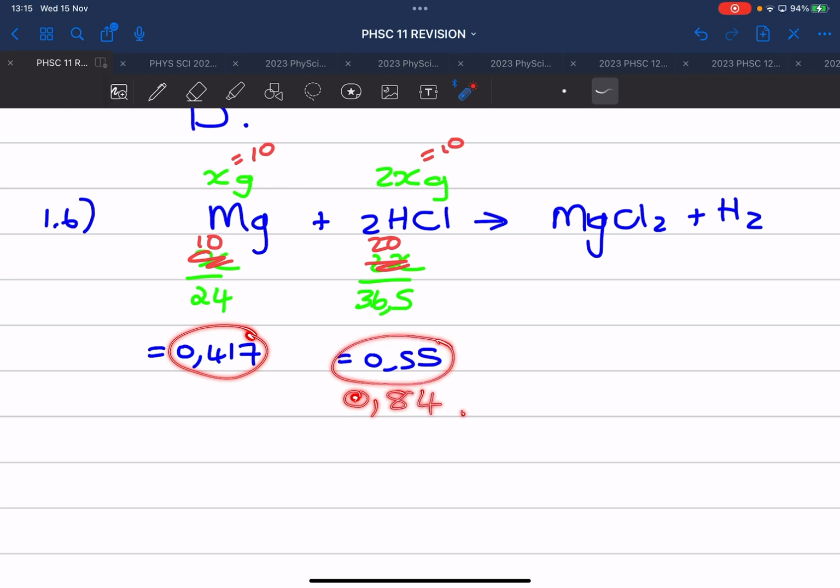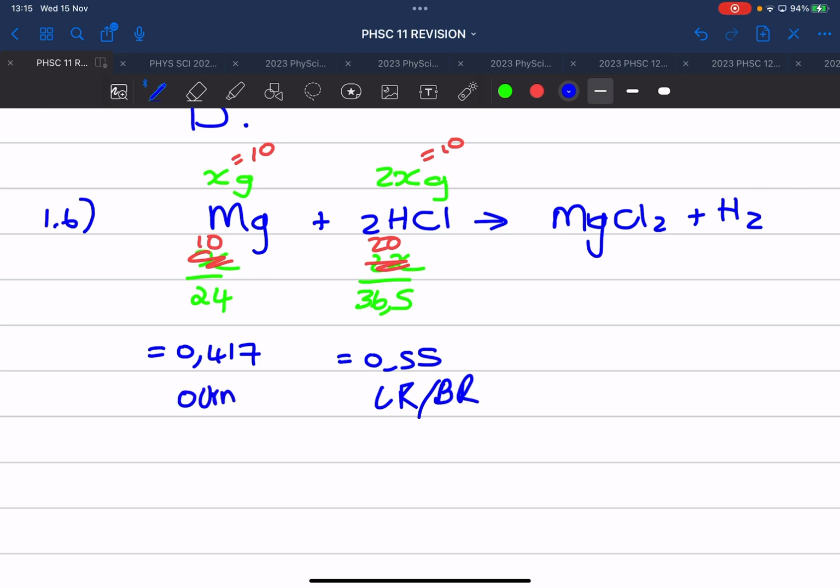Het ek 0,85? Nee. So beteken this one is my limiting reagent, beperkende reaktant, en hierdie is een wat in oormaat is. Excess.